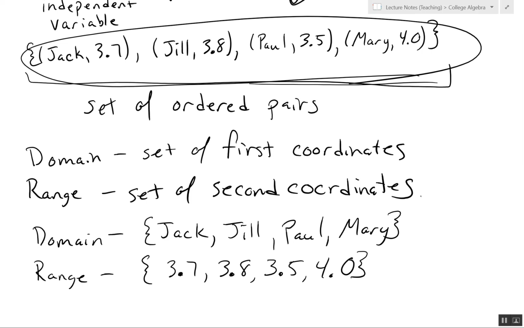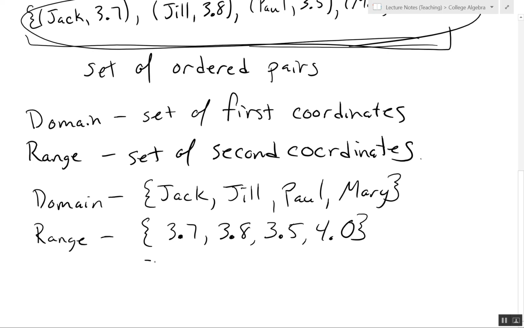One of the things to note when listing stuff in the domain and range like this, or even with the ordered pairs, is that the order doesn't matter. So this set, for example, in the range is also equal to 4.0, 3.7, 3.5, and 3.8.